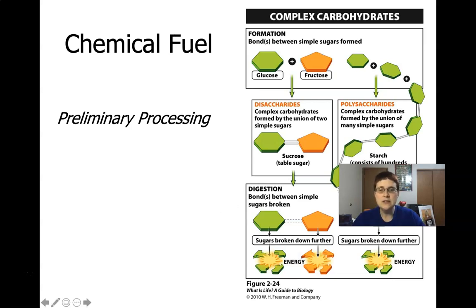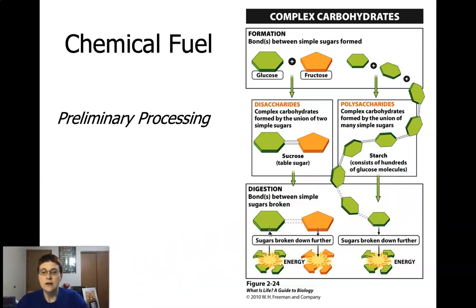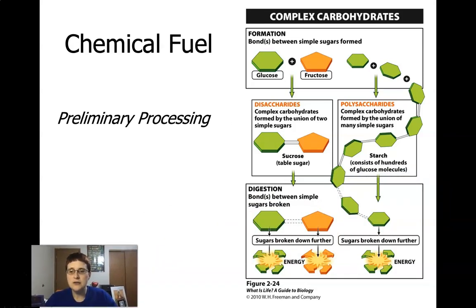So how does this work as far as the complex carbohydrates? So if you carb load, what you're doing is you're taking something like this guy right here. So this is a polysaccharide, and they're actually hundreds of glucose molecules long. Obviously, the picture couldn't hold all of it, right?